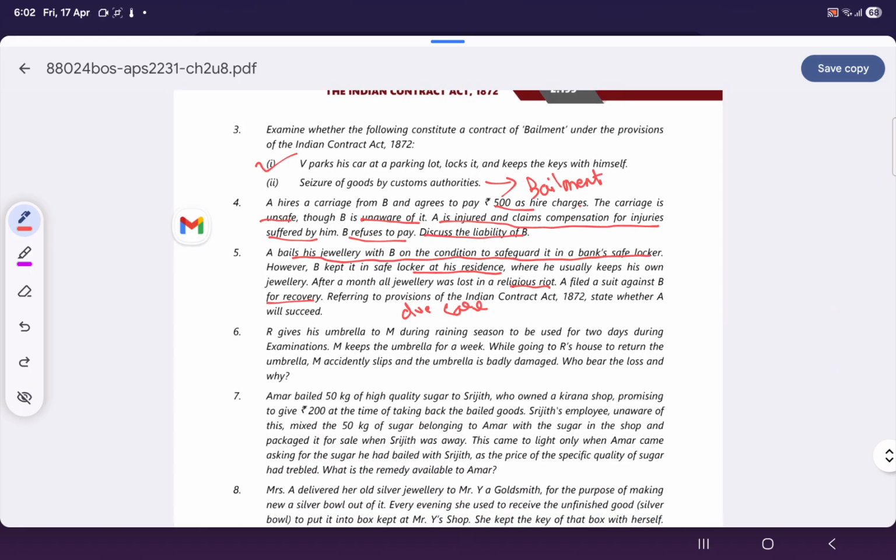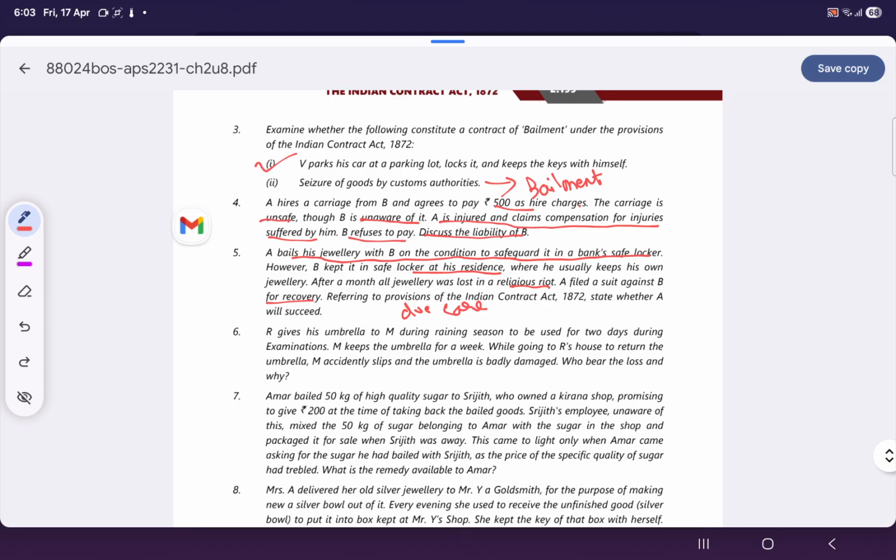Sixth, R gives his umbrella to M during rainy season to be used for 2 days during examinations. M keeps the umbrella for a week. While going to R's house to return the umbrella, M accidentally slips and the umbrella is badly damaged. Who bears the loss and why? R has given the umbrella only for a specified period, but M has taken it for more than that period.